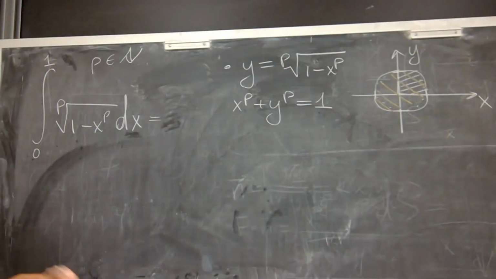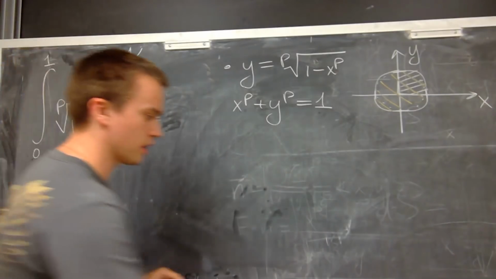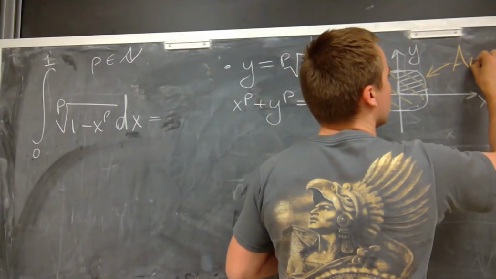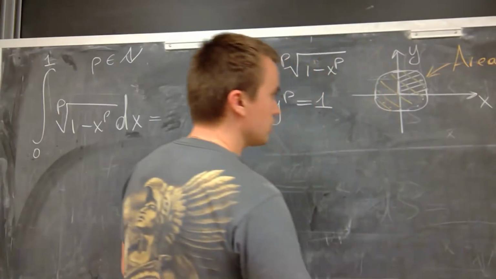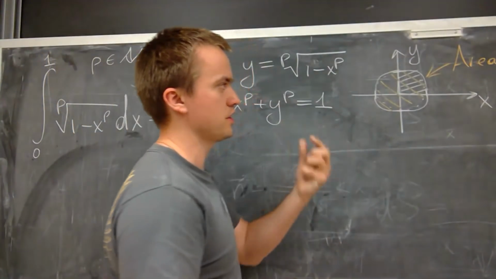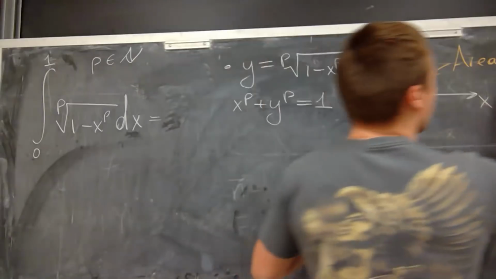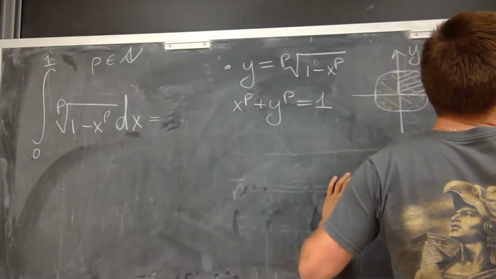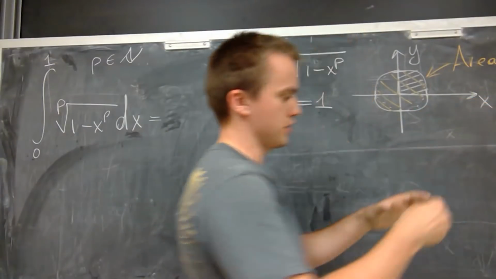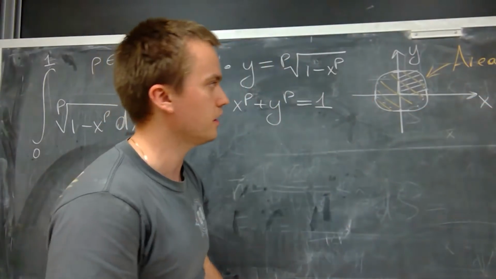As we know from multivariable calculus, the area is going to be equal to the double integral of the scalar function 1, because by definition the double integral of 1 gives you the area of the region in the xy plane.